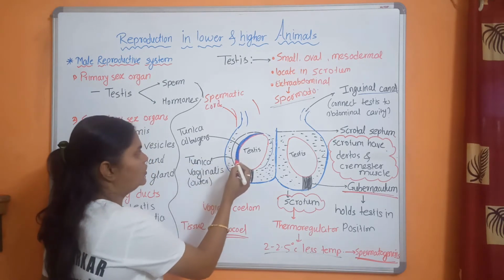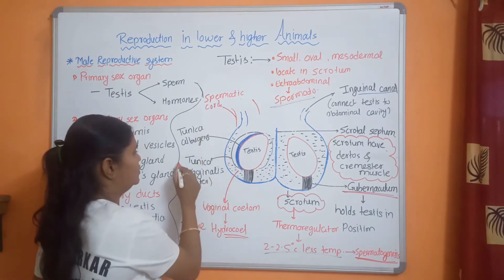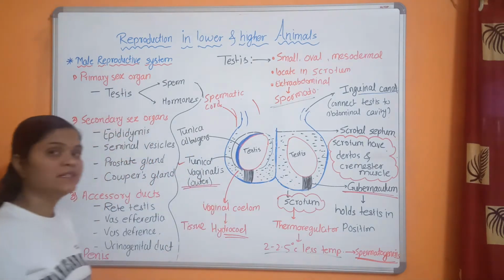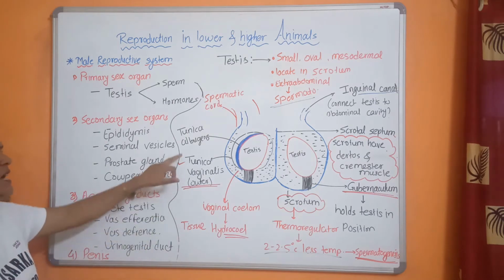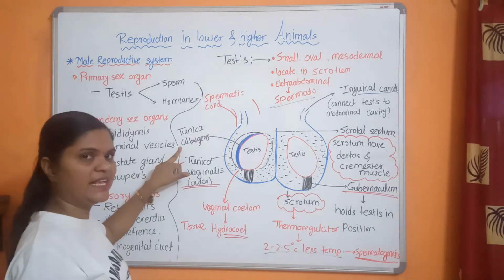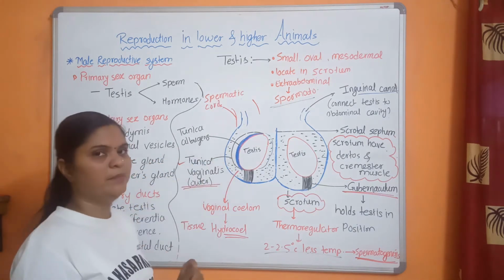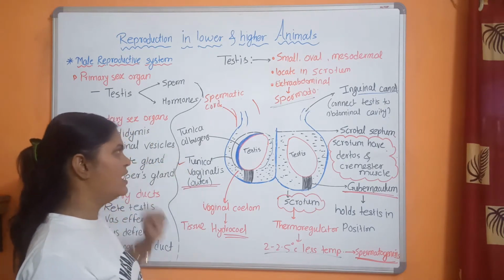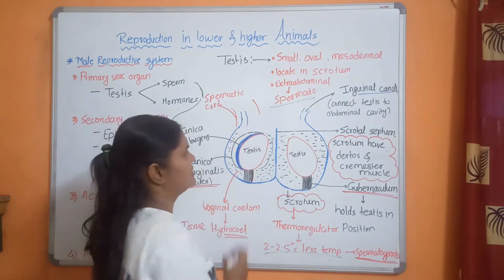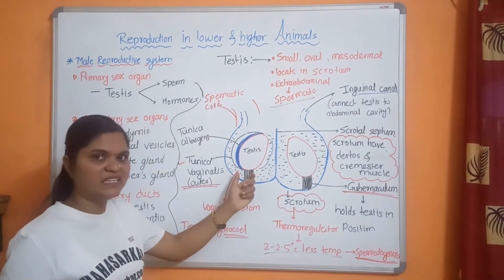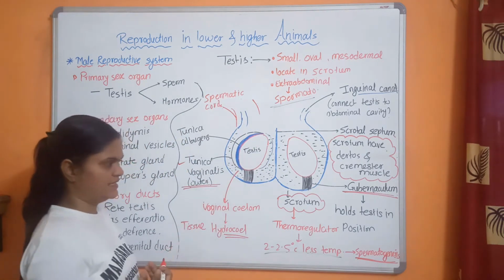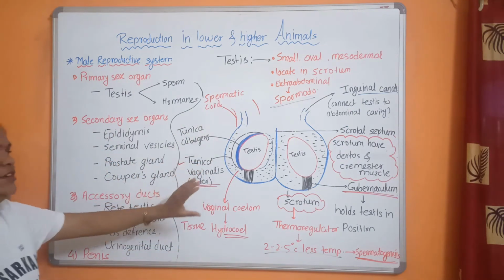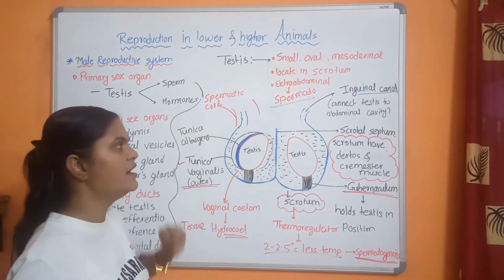The outer covering is called the tunica vaginalis, and the inner layer of the testes is thick and made of fibers, called the tunica albuginea. The testes also have the epididymis, which lies posteriorly. So this is an important structure, the scrotum, into which the testes descend.